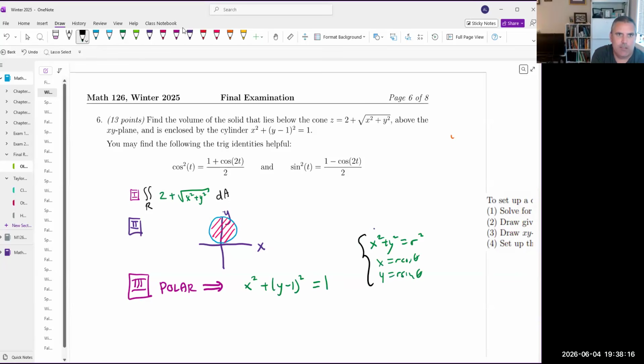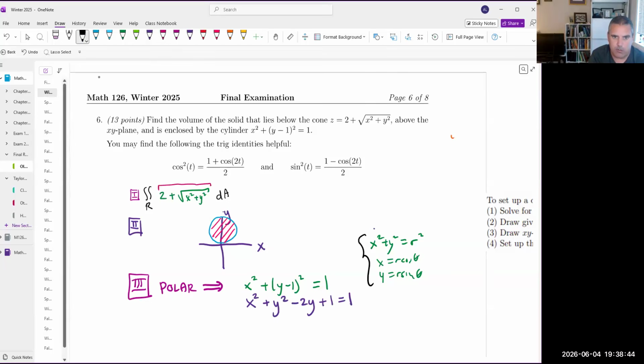Somebody says, I already did it. I would expand this out simply because then I can see x squared plus y squared. Oh, actually, there's a little more. Oh, Sophia, you're talking about this up here. This is 2 plus r. That is true.